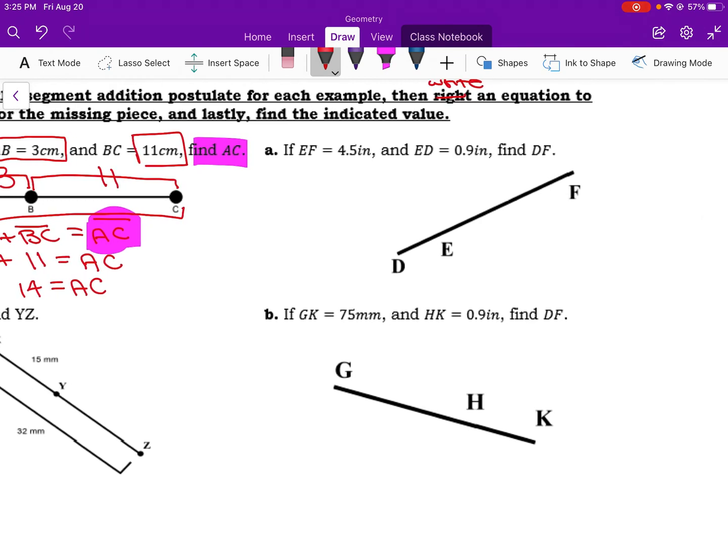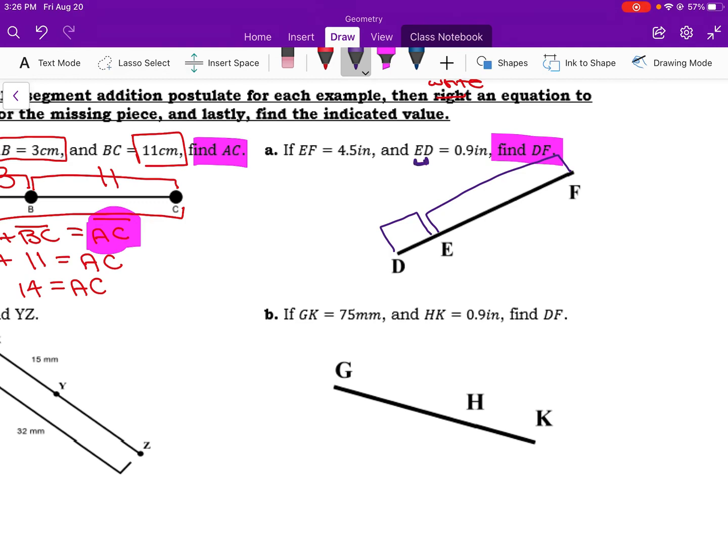And then we have it for number 1 here. A is asking us to find DF, if we know that EF is 4.5, so we have this line segment here, and ED is 0.9. Notice that we can switch the order of the letters here, and it's still going to be referring to the same line segment.